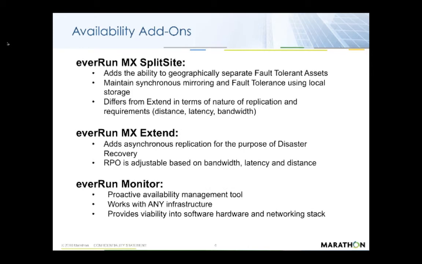The availability add-ons, and I know that we've talked a little bit about this in terms of the initial slide that I put up here, but talking about MX Split Site for a moment, I've got a couple of slides that are going to help everyone understand the difference between a split site implementation and an Extend implementation. But when we think about split site as an availability add-on, we really need to think about reducing risk.